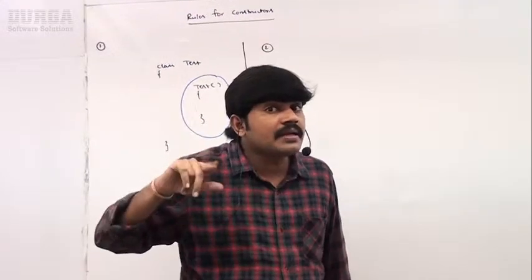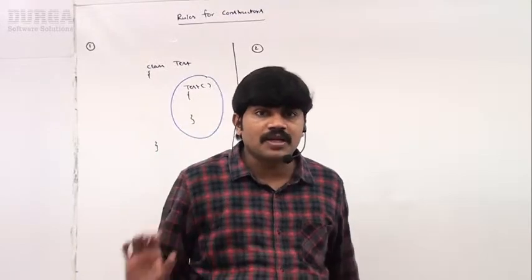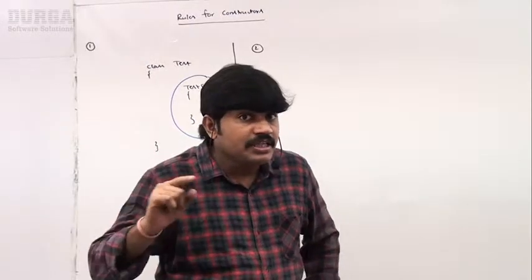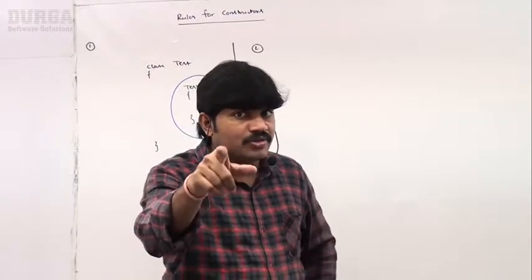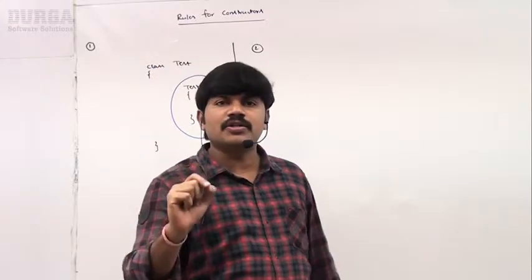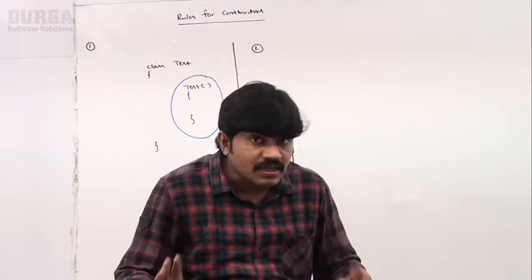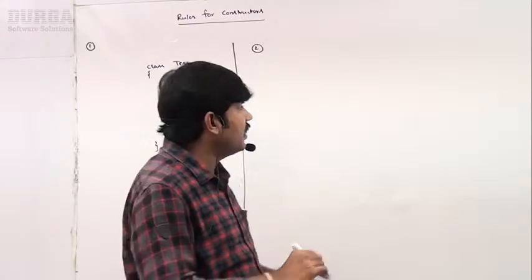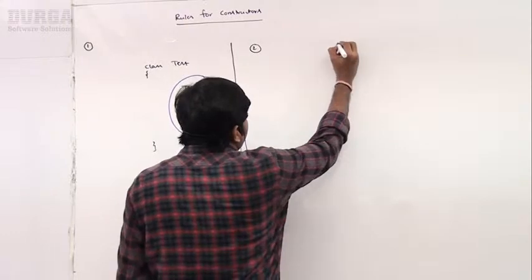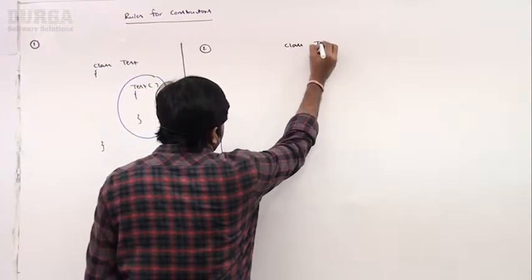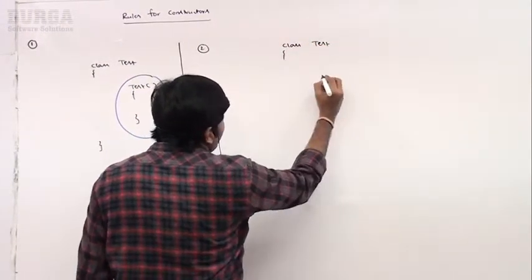Remember that. The return type concept is not applicable for constructors, not even void. Sorry, for return type, such terminology is not applicable for constructors. Here I am taking class Test. Here I am writing the constructor.